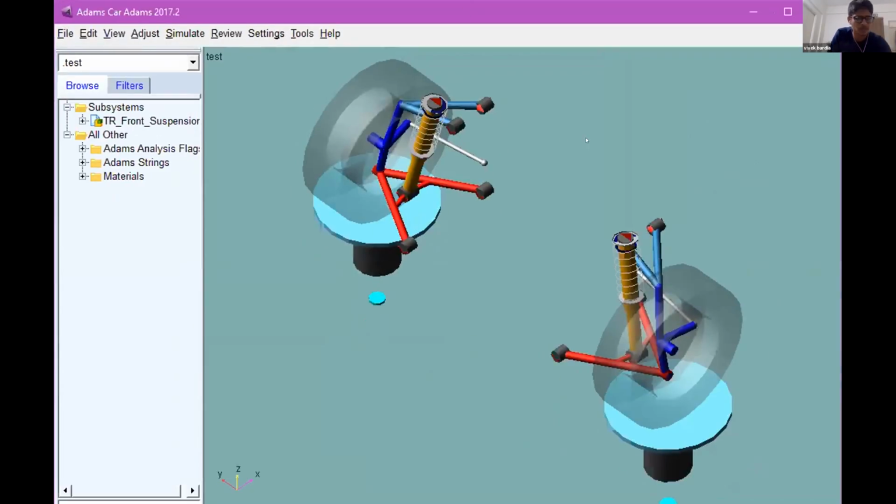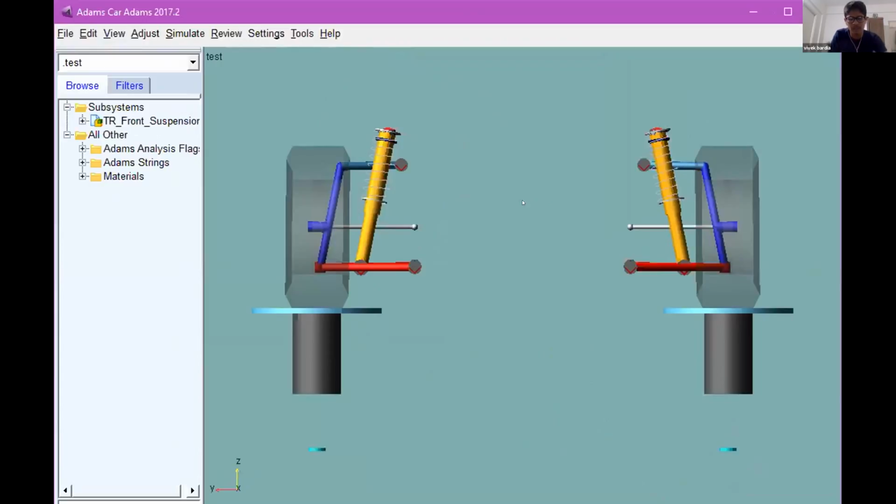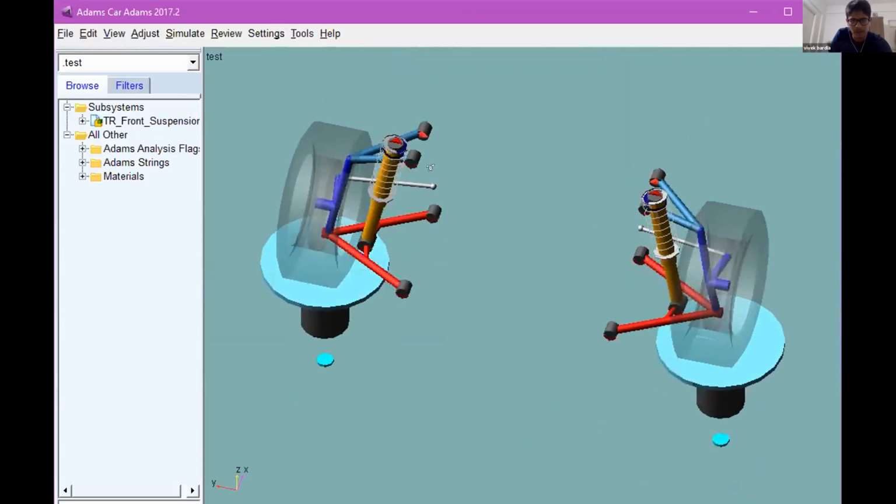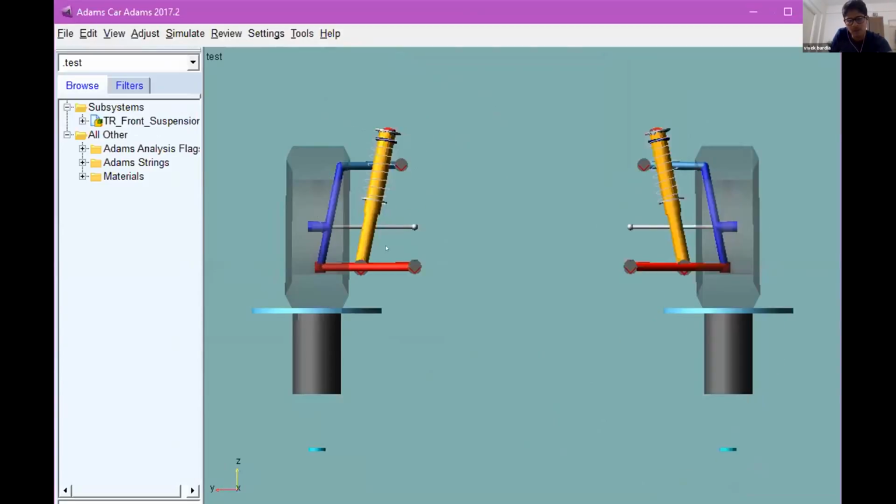Okay, so just look at the suspension over here. We'll just demonstrate what we have done. We have a parallel link suspension over here. Note that the tie rod, the gray part, is also parallel to the links.